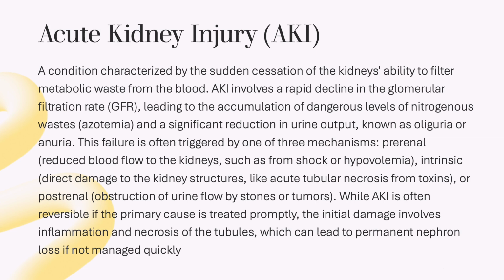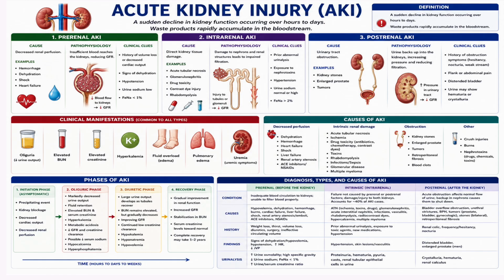AKI is classified as pre-renal, intrarenal, or post-renal based on the location of damage in the kidney. I created a cheat sheet that has all three of these explained. Please print it out and review it. I know the wording is a little small, but I tried to get all the information in there. Pre-renal AKI results from decreased renal perfusion.